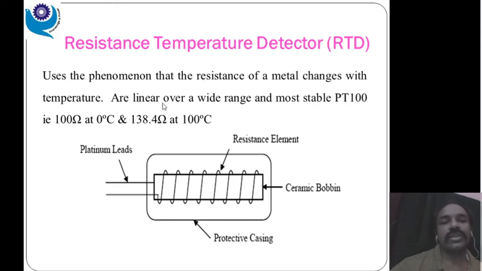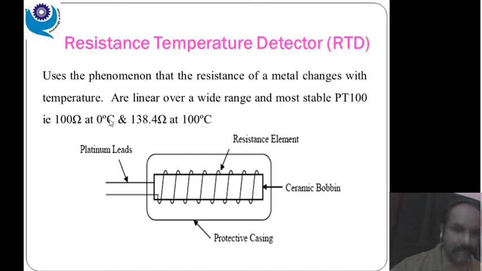And the changes are linear over a wide range and most stable, right? Take PT100 for example, platinum 100. Why is the name given, PT100? PT stands for platinum and 100 stands for the resistance of that sensor at 0 degrees centigrade, that is 100 ohm at 0 degrees centigrade.